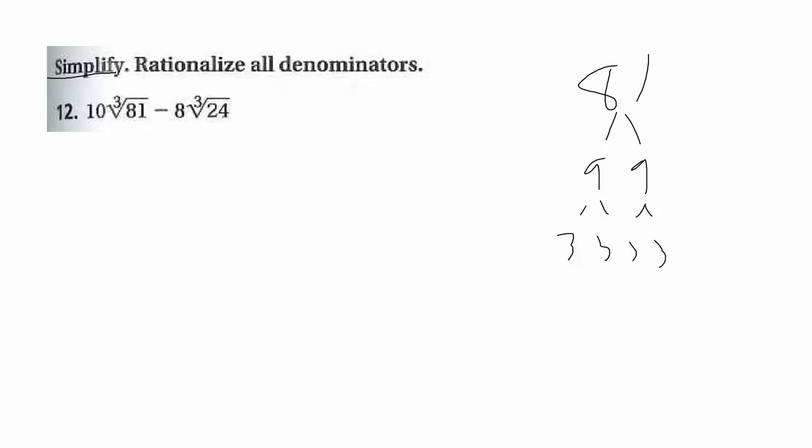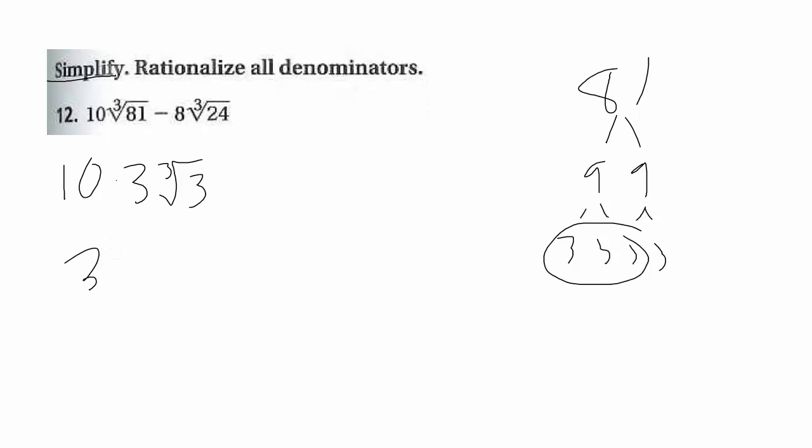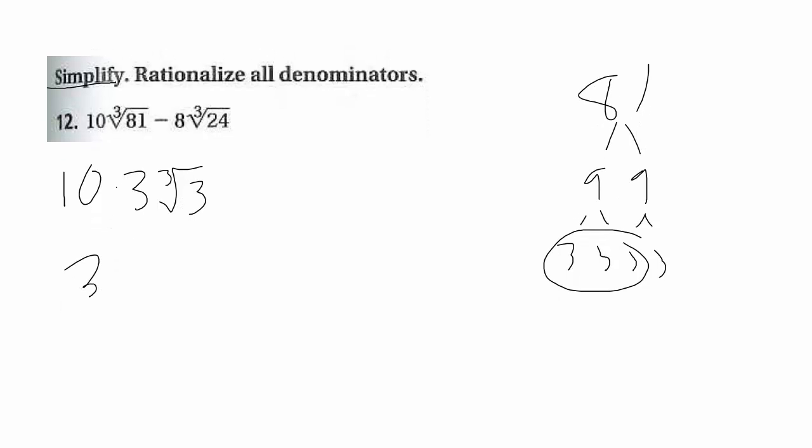So really, the cube root of 81 is, let's write the 10, that's just hanging out. And then 3 3's break out, so it's times 3 and then cube root of 3 inside. So that's really 30, because it's the 10 times 3, 30 times cube root of 3.